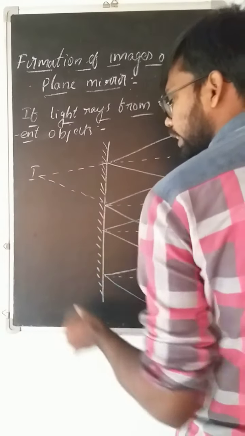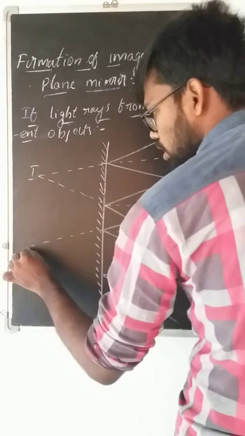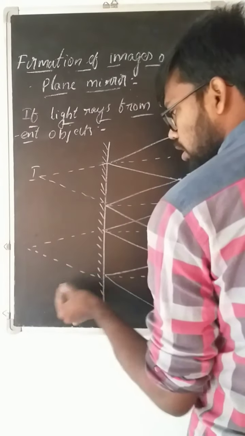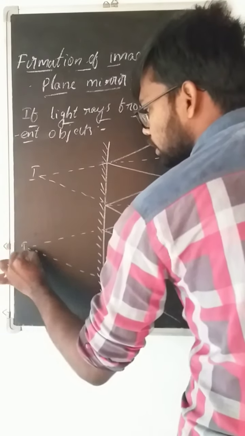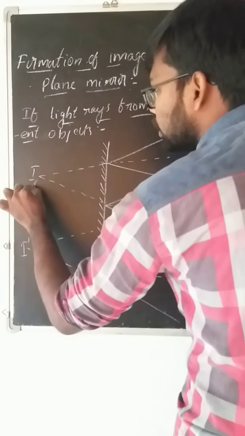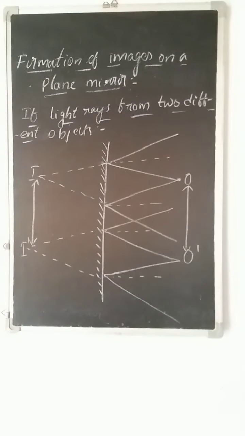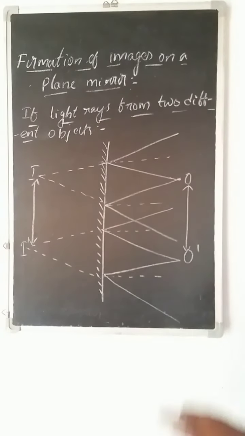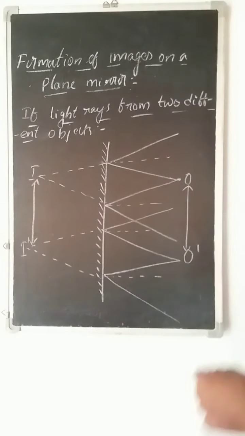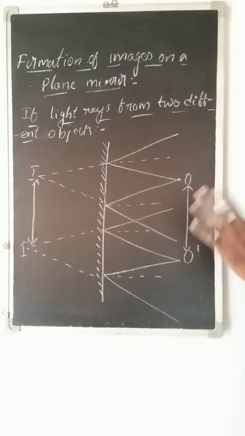This is image I, and this is image I dash. So the distance between I and I dash should be equal, which means the angle of incidence is equal to the angle of reflection. So if light rays are from two different objects, then the images are also equal. This is the formation of images by plane mirror.